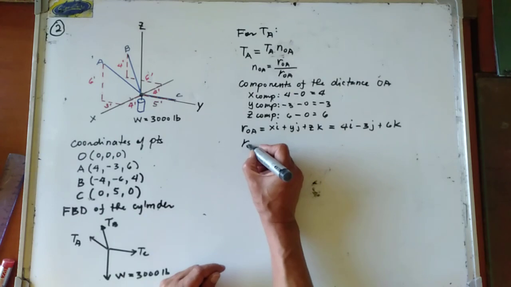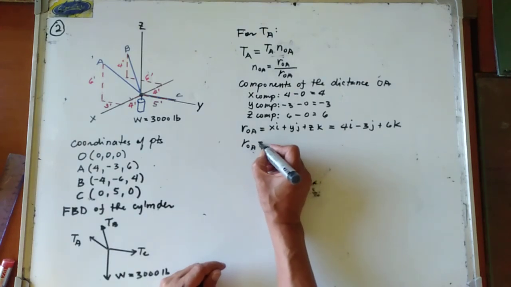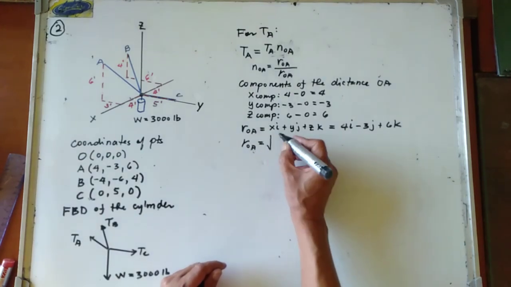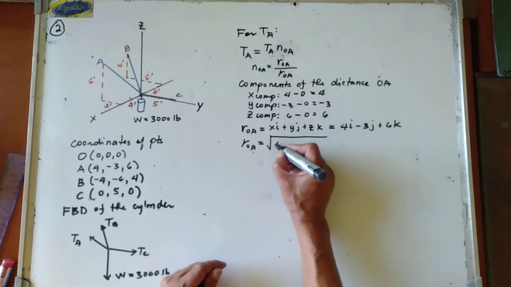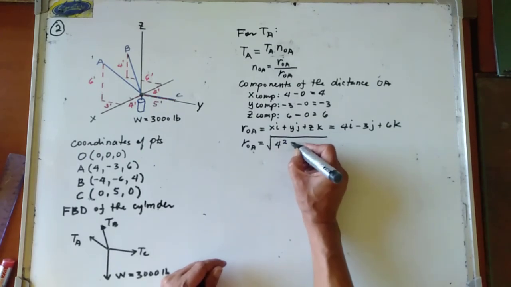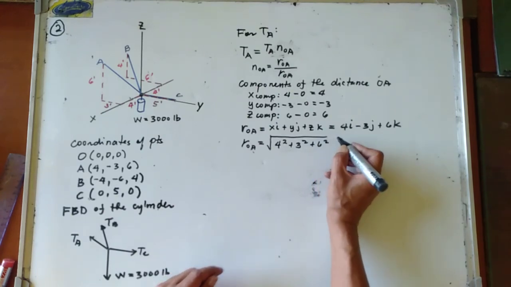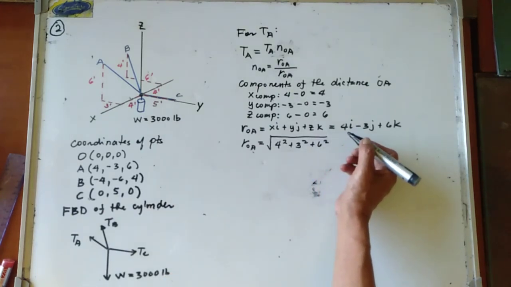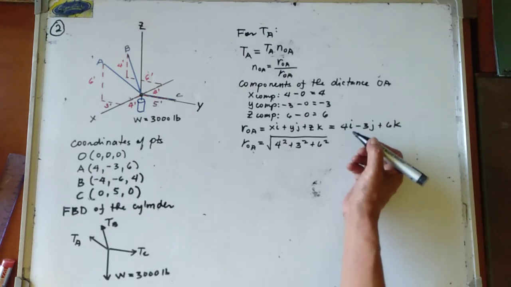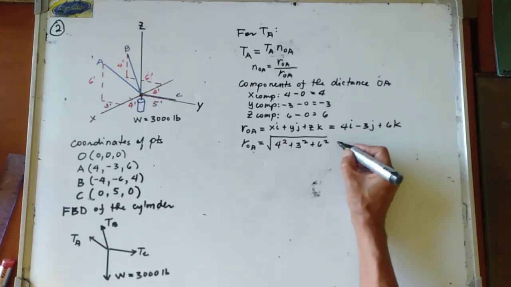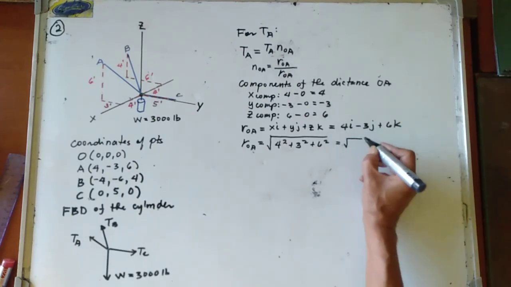The magnitude of this position vector is the square root of 4 squared plus 3 squared plus 6 squared, which is the square root of 61.